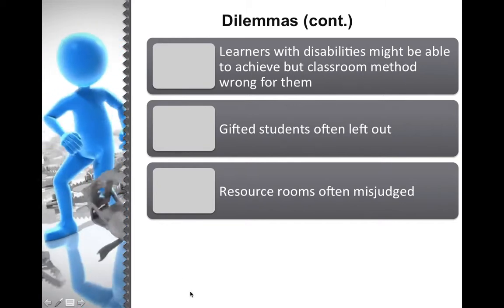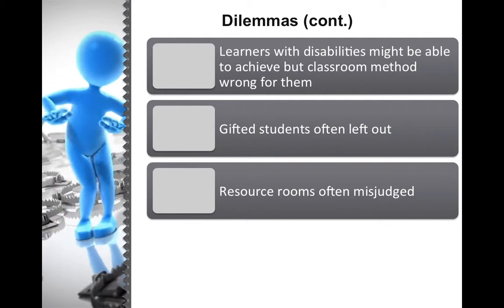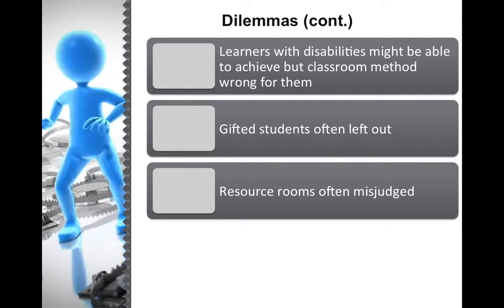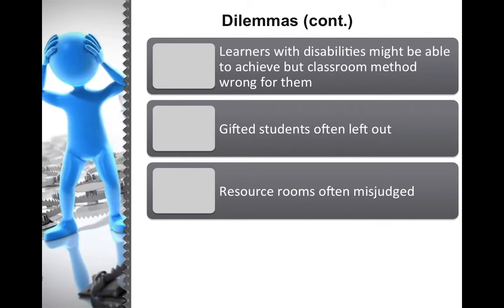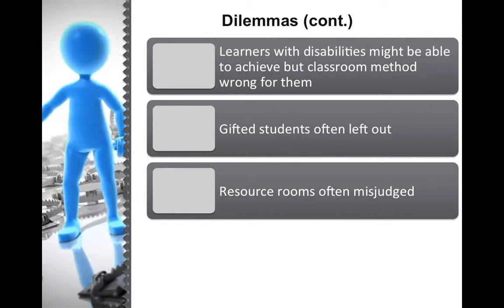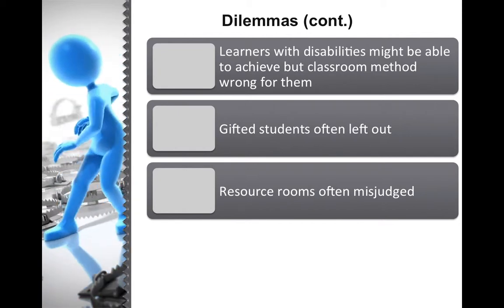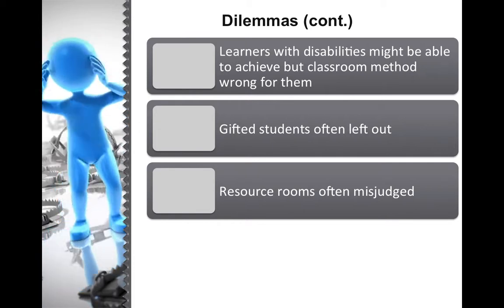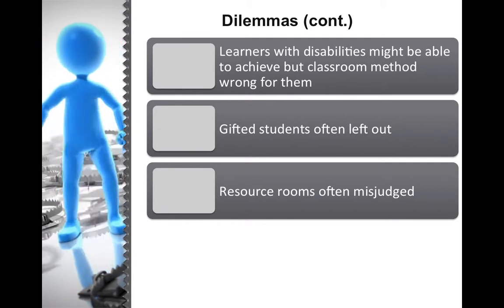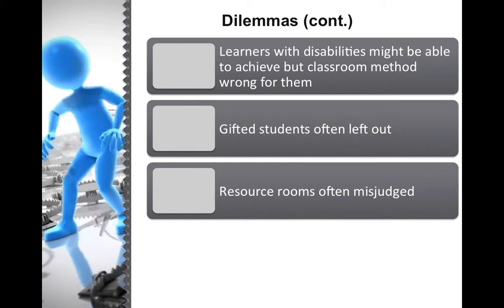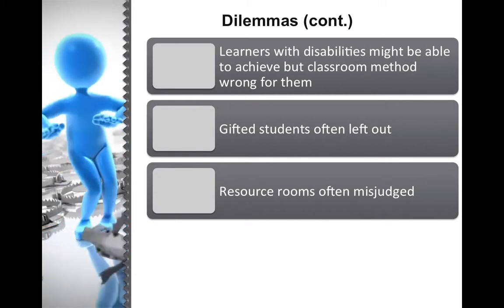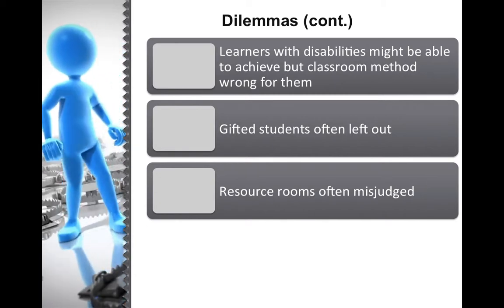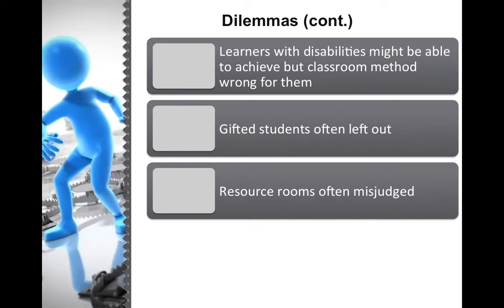If they're in a full inclusive classroom and the method is wrong for them, they're not getting the appropriate education. And oftentimes, as I have mentioned, in a full inclusive classroom, if a lot of attention is paid to the children with disabilities, the high achievers or the gifted students are often left out.